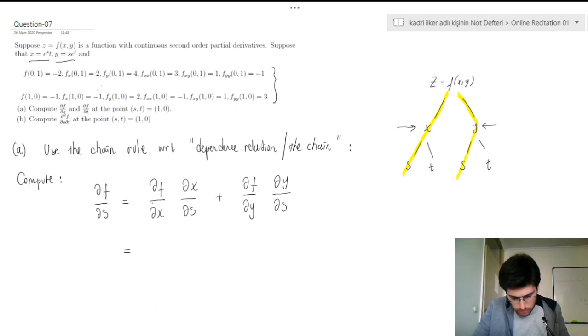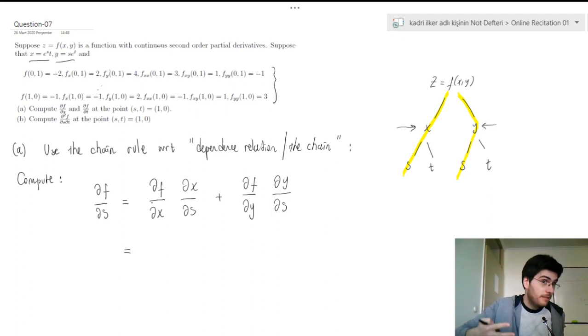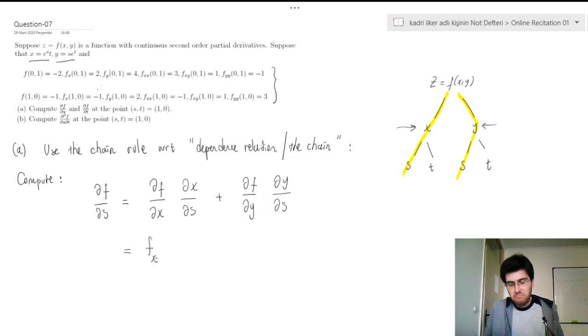Let's compute it. We don't have any explicit form of f depending on x and y, therefore we just leave it like this. No problem. But we know the explicit formulation of x. x is just e to the st, and y is just s times exponential t.